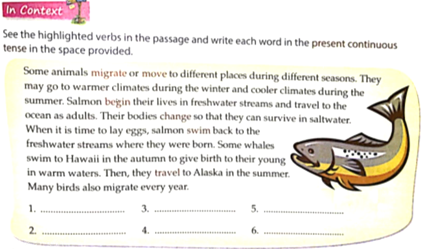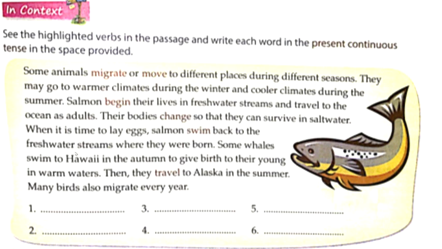Some animals migrate or move to different places during different seasons. They may go to warmer climates during the winter and cooler climates during the summer. Salmon begin their lives in freshwater streams and travel to the ocean as adults. Their bodies change so that they can survive in salt water.